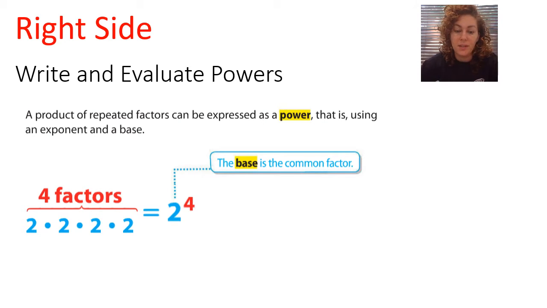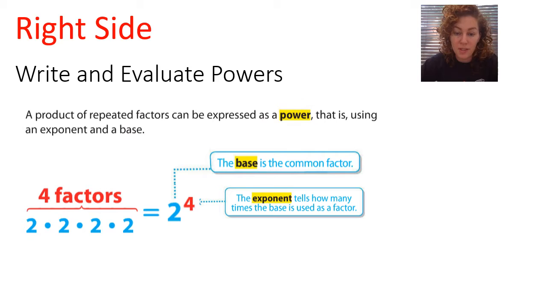Okay, and the exponent tells us how many times the base is used as a factor. So the base is the repeated factor, that's the 2, and the exponent is the number of times the base is repeatedly multiplied.